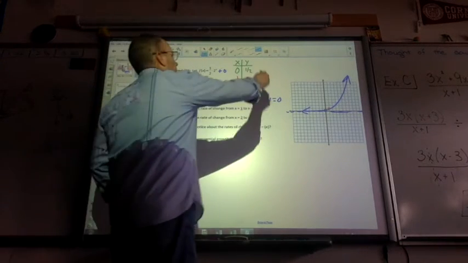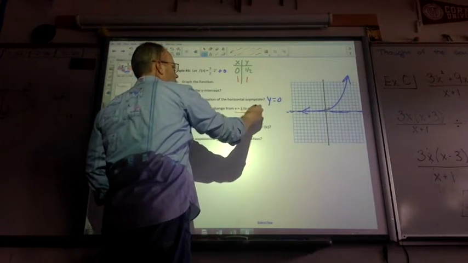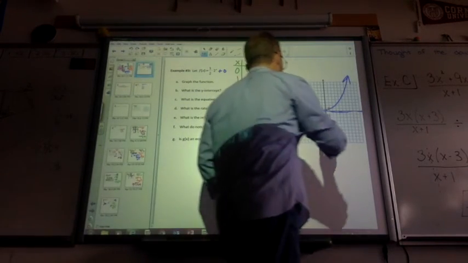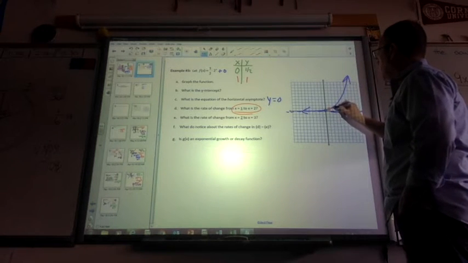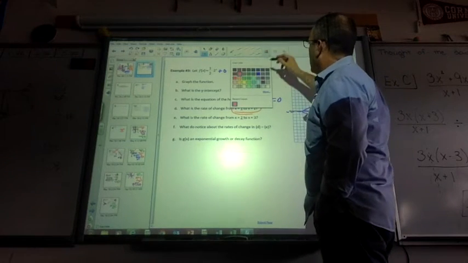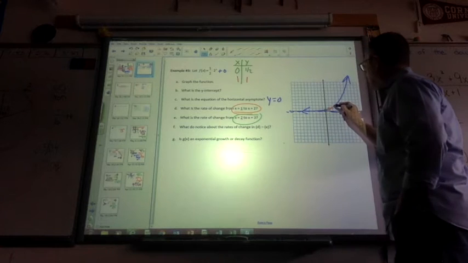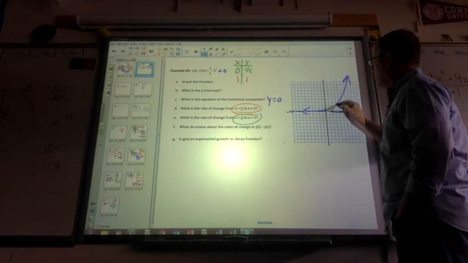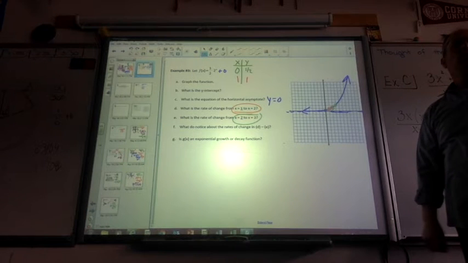If I were to find a point here and a point here, and then this point here and this point here, do we have different slopes between those?